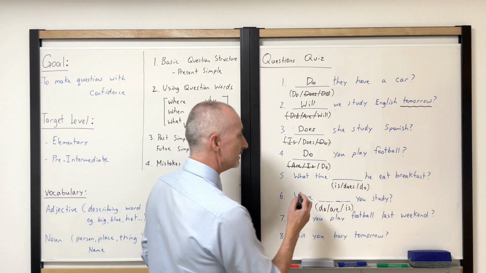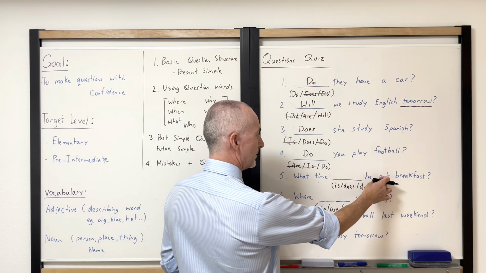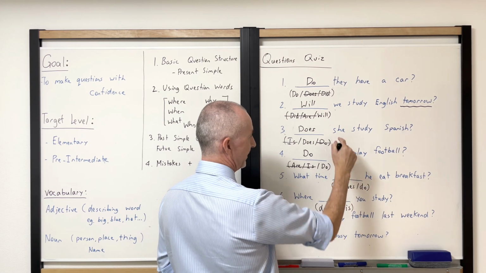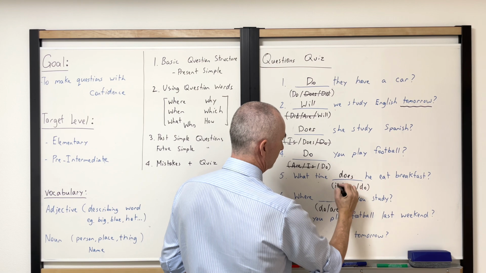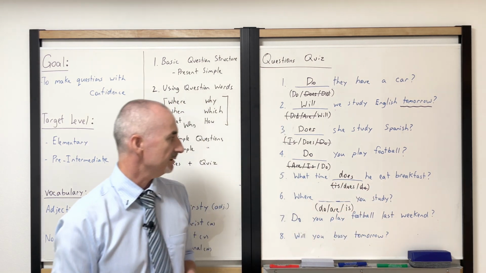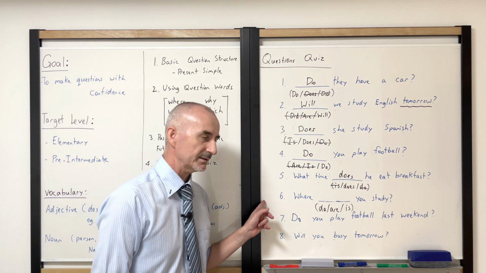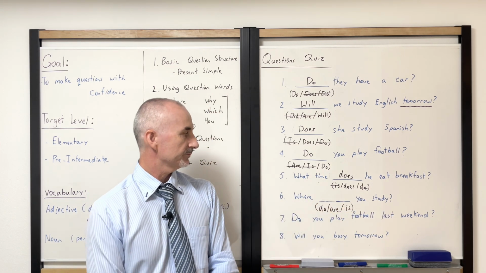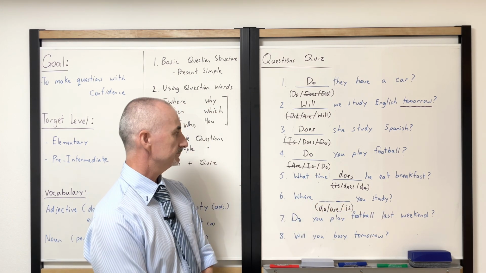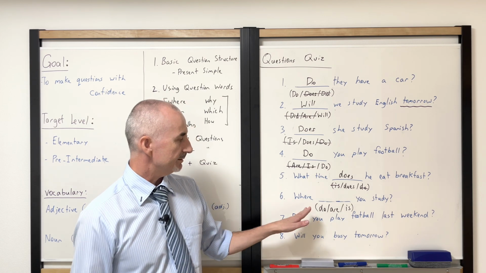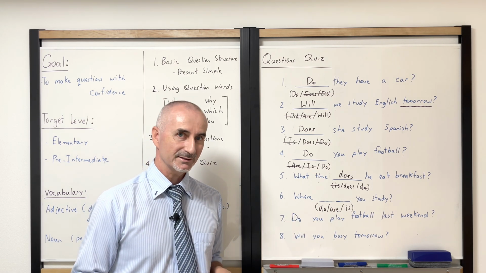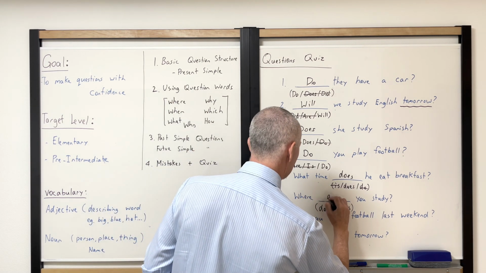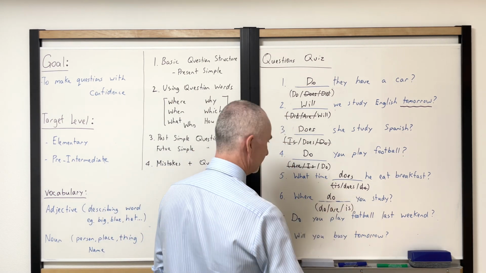Okay, we have the main verb, therefore we need an auxiliary verb. We've got he, so it's the same as the Spanish one. What time does he eat breakfast? Number 6, where something you study. Is it do, or are, or is? Got it? That's right. Where do you study?